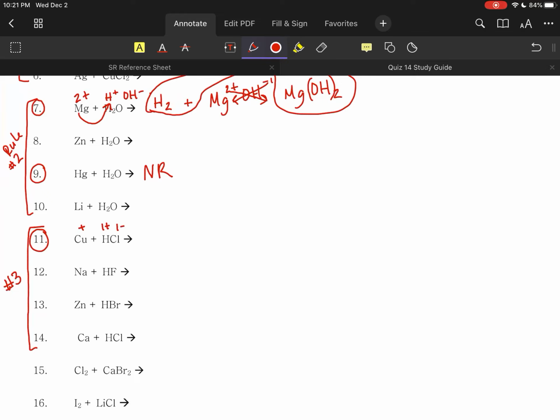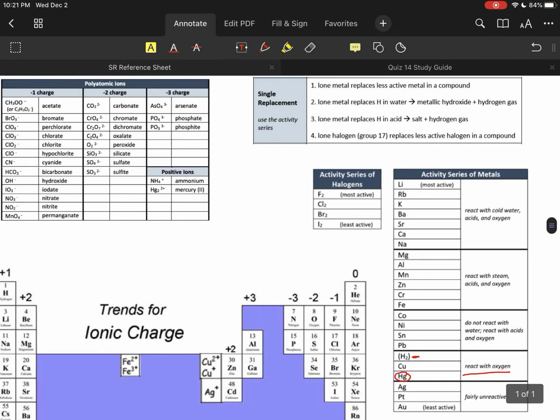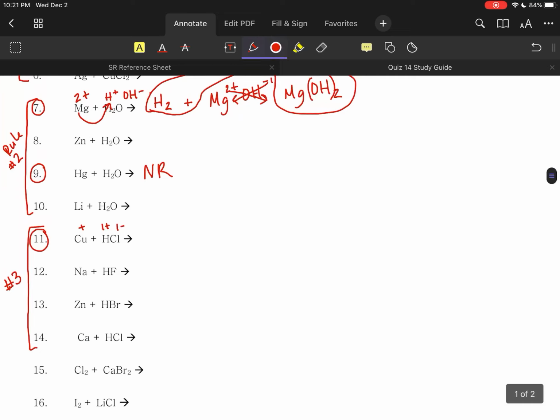So this is an acid because it's starting with an H. So I'm going to look and see if copper reacts with acids. Copper is down here at the bottom. Notice it does not react with acid. It's below the hydrogen. So I'm going to write NR, no reaction.